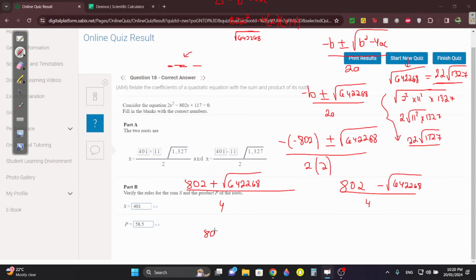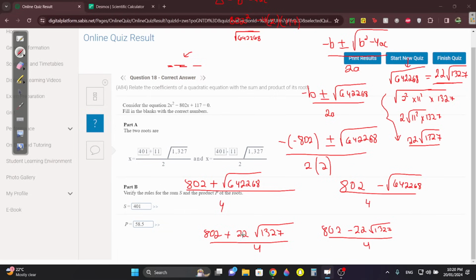So instead of 642268, you put 802 plus 22 radical 1327 over 4. The other one is 802 minus 22 radical 1327 over 4. Now you simplify.